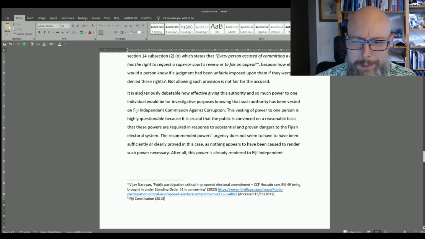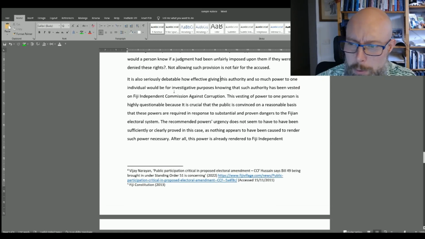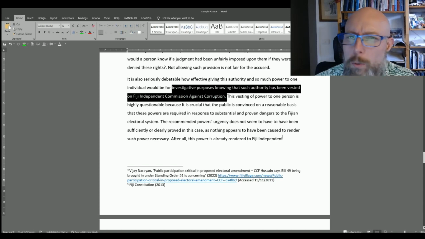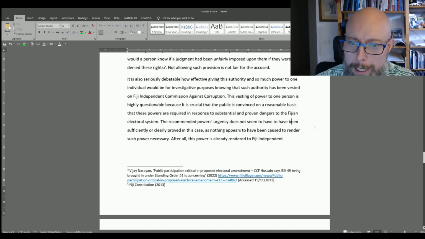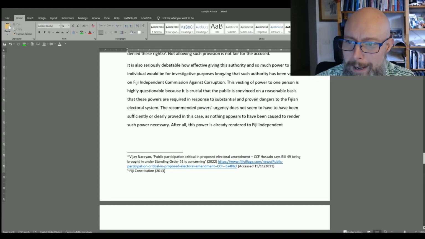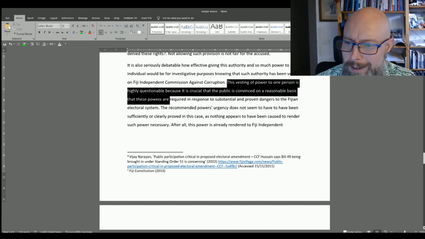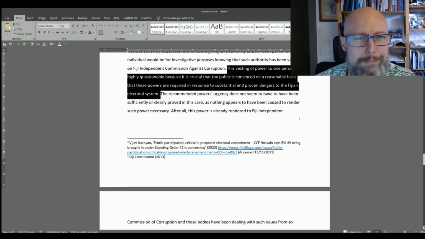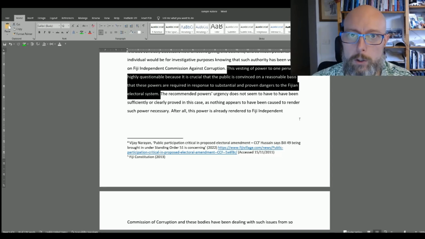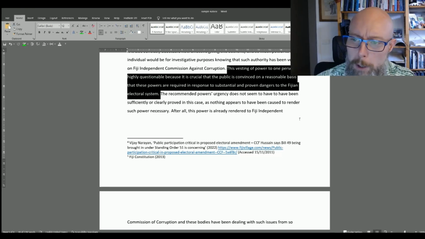It's also seriously debatable, not formal, how effective this authority and so much power to one individual. I mean, okay, for investigative purposes. Knowing that this has been vested on, I don't know why we're talking about FICAC again. Okay? But again, kind of weird. You need to give authority over elections to an individual. With a commissioner body, there's a whole group of people, but there's just one commissioner, the figurehead, the person you appoint to the top job.